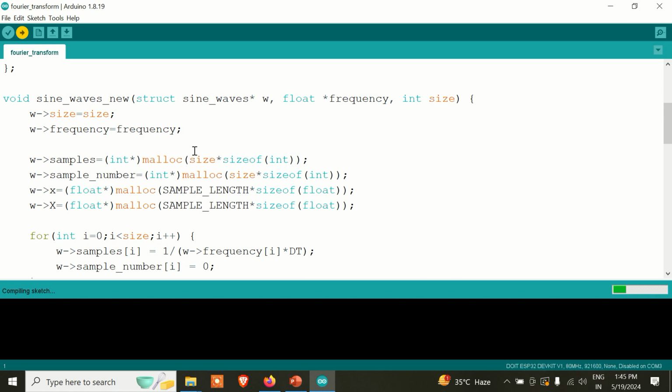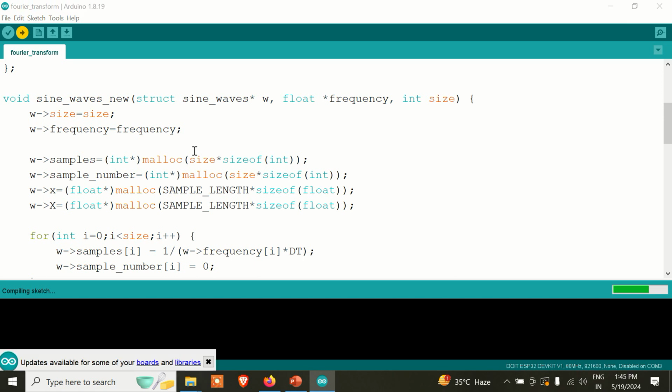So any signal, if you convert into the frequency domain and plot the spectrum, then you will come to know which frequency component has contributed by how much amplitude, so that this shape is made.